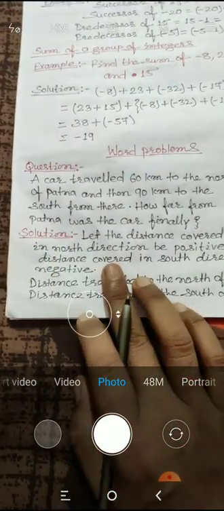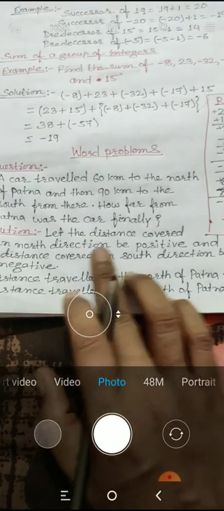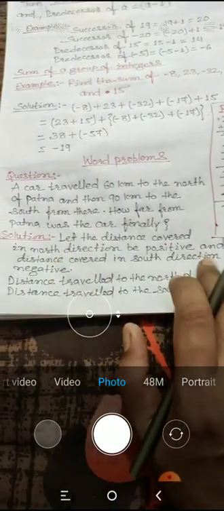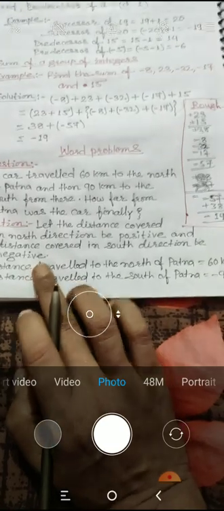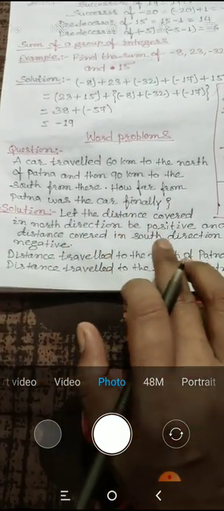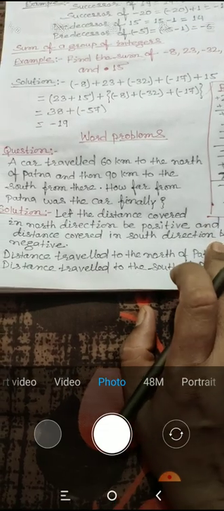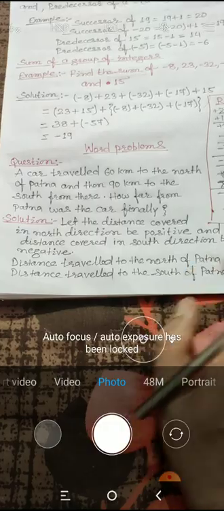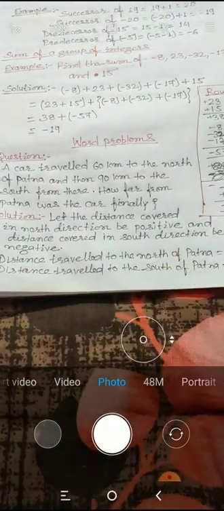Now the solution I have given here. Let the distance covered in north direction be positive and the distance covered in south direction be negative. Let means you have to assume that the distance covered in north direction is a positive integer and the distance covered in south direction is a negative integer.